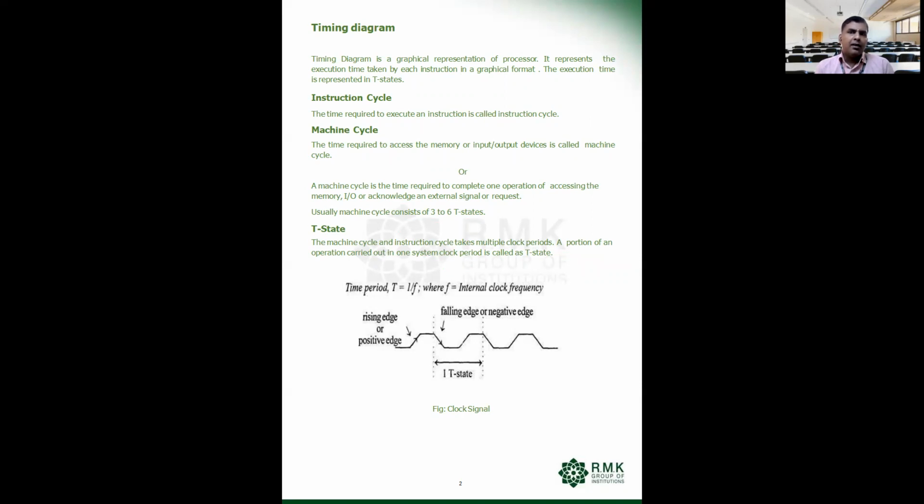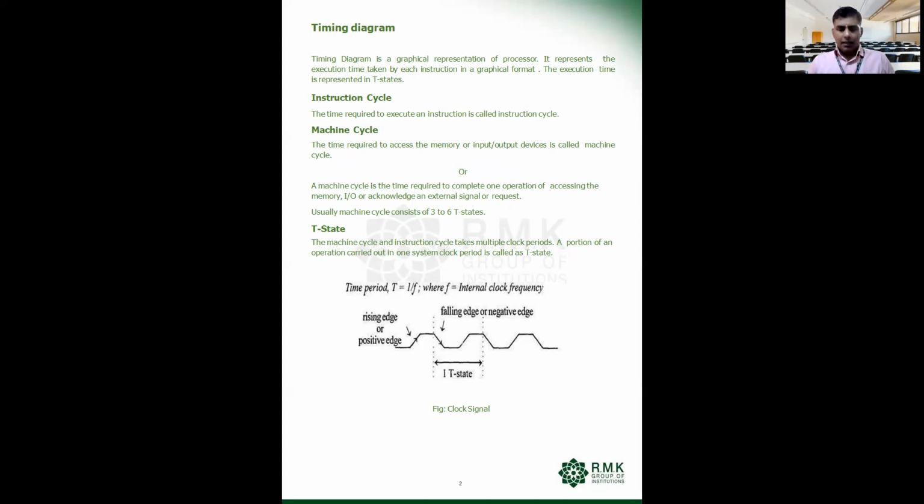Cycle is basically the thing which repeats in terms of the clock. Because the processor takes some finite time to execute one instruction, based on that we will be able to calculate how much time the processor will need to execute a program, and we can understand in a graphical representation how it does.